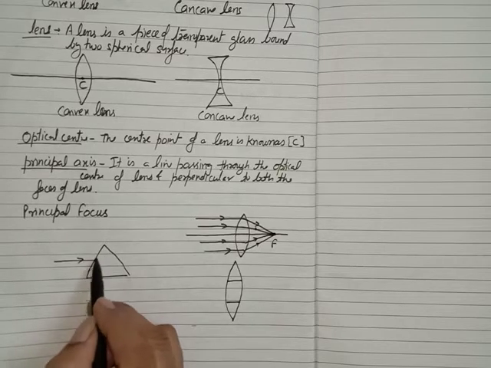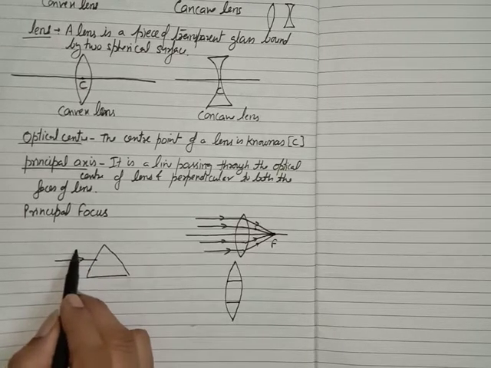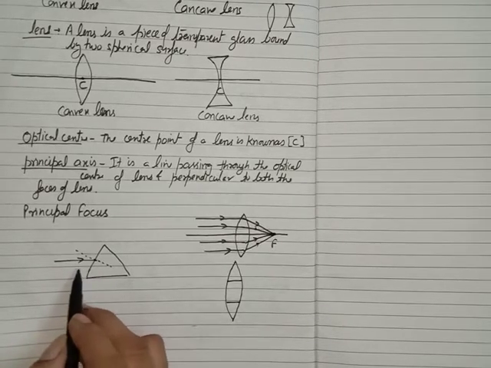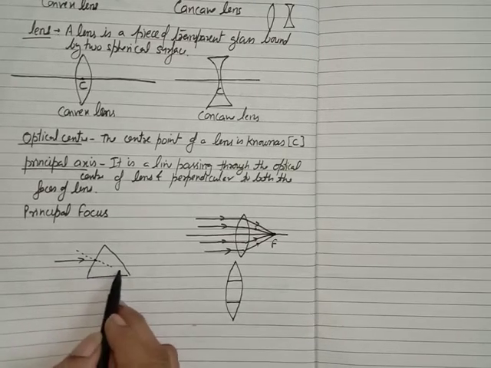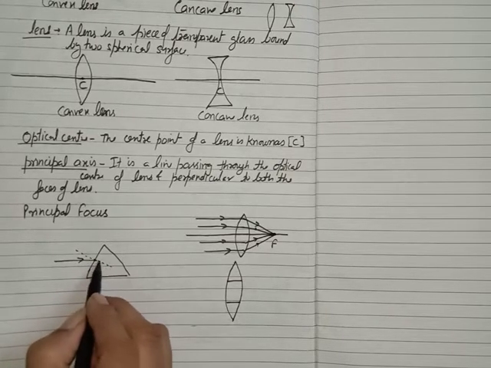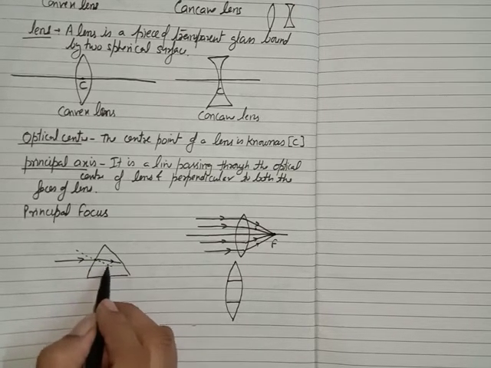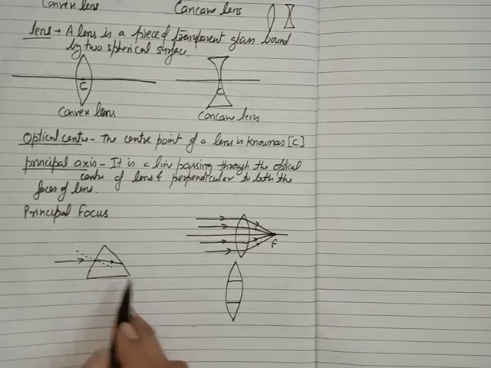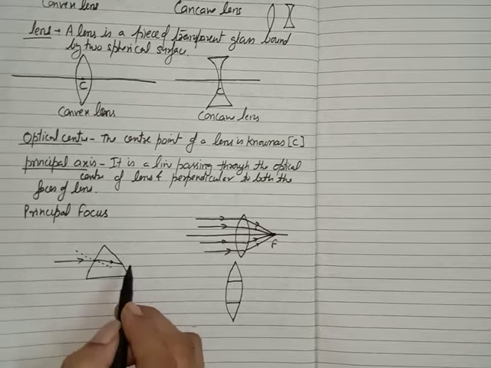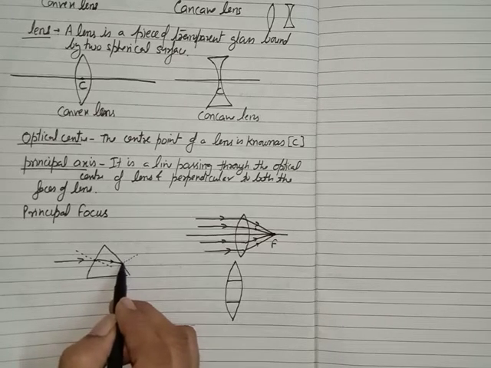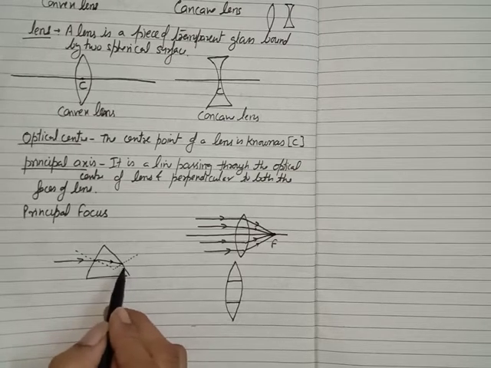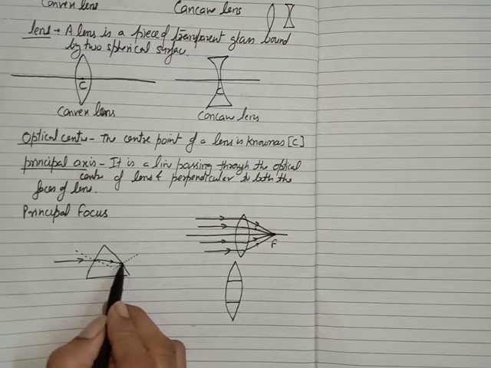This is the surface, and we can say this is a normal, and we all know that when a light ray passes from air to glass, it bends towards the normal. It will not go straight, but will bend towards the normal. And when this light ray passes from glass to air, this is the normal at this point, and the light ray moves away from the normal.